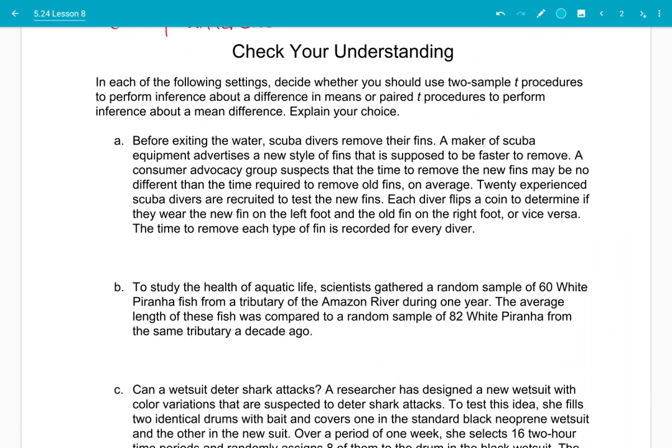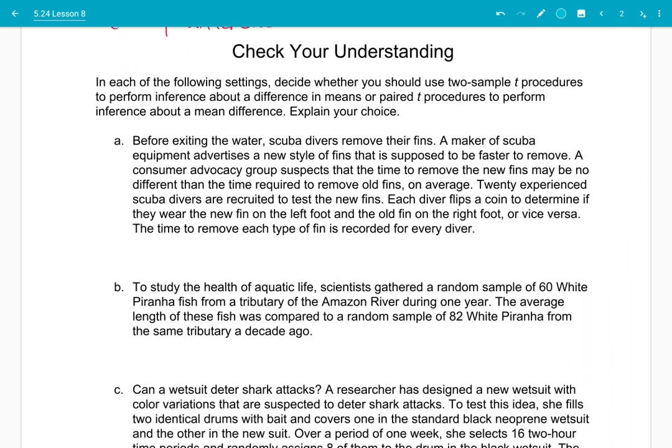So in each of the following settings, decide whether you should use 2-sample T procedures to perform inference about a difference in means or paired T procedures to perform inference about a mean difference. Explain your choice. Before exiting the water, scuba divers remove their fins. A maker of scuba equipment advertises a new style of fins that's supposed to be faster to remove.